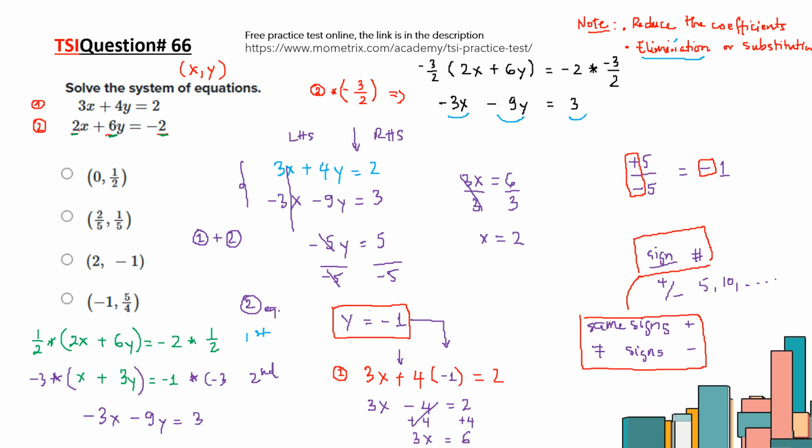So our answer is x equal 2, y equal -1, which is the solution for the system of given equations. If we write it as an ordered pair, you will have (2, -1). I'll just write out x equal 2, y equal -1 like this.